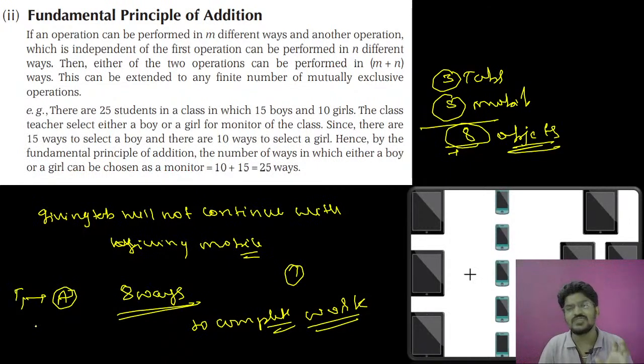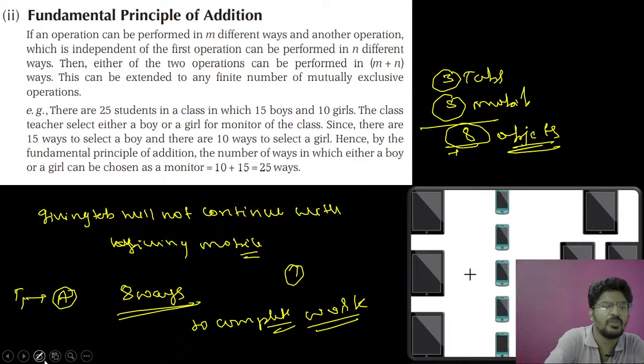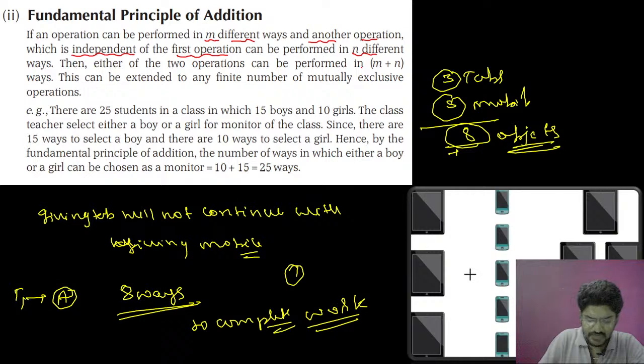You got 8 ways of giving mobile and tab. Okay. So that you can just see, if an operation can be performed in m different ways and another operation, independent of the first operation, can be performed in n different ways.